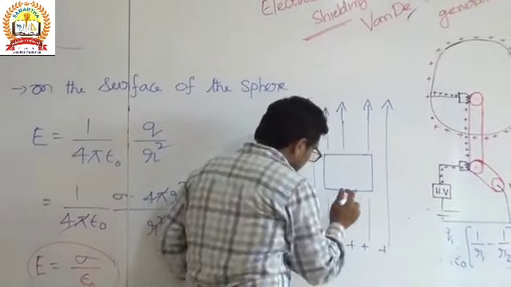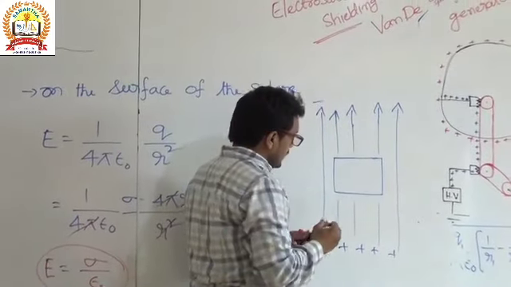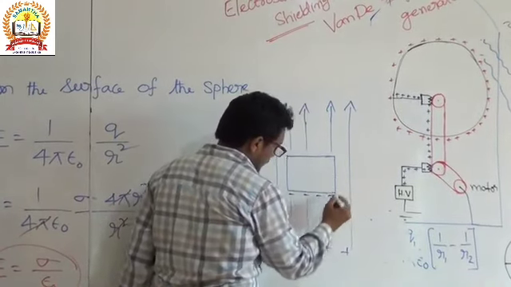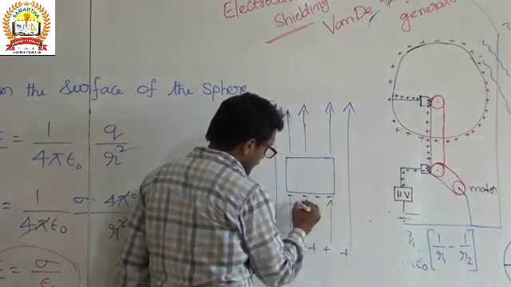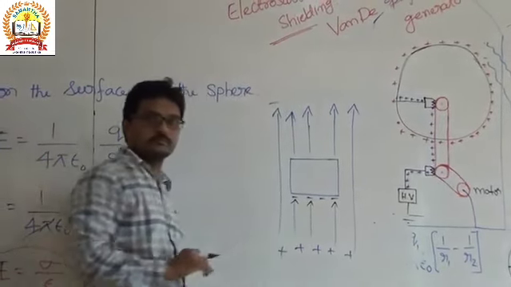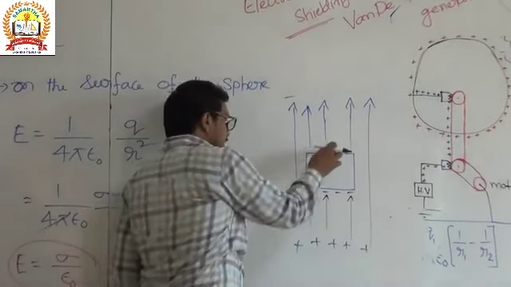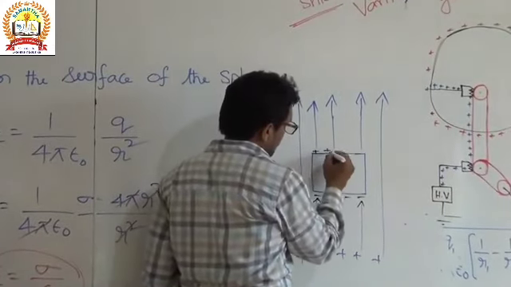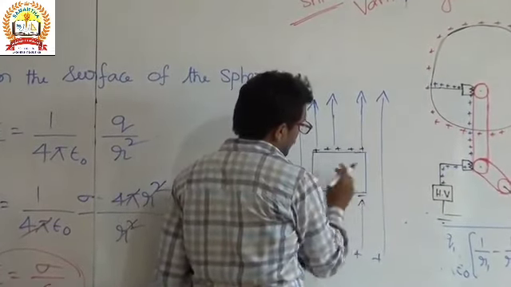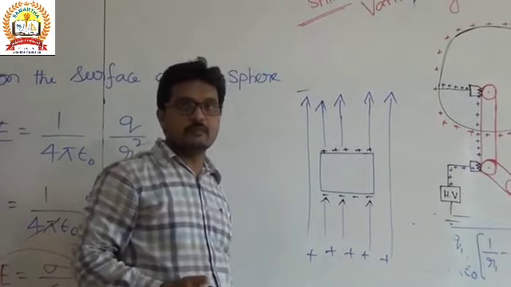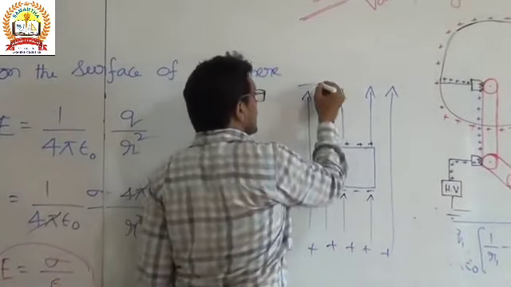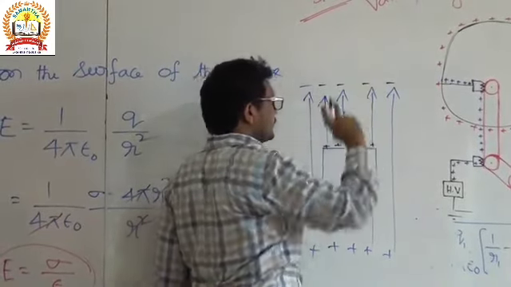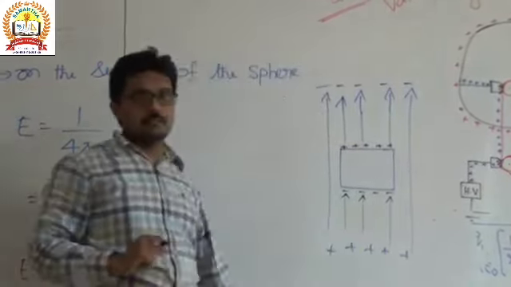Because here on this metal cage, the negative charge will be there, and here the positive charge, and the negative charge and the positive charge will terminate the field. Again, on the upper surface of this metal cage, the positive charge, then here the negative charge, and again here also the electric field gets terminated.